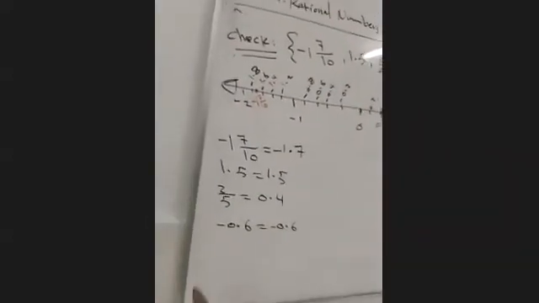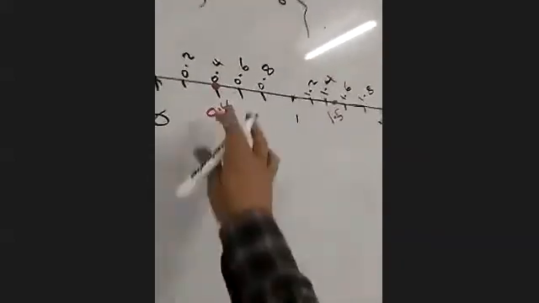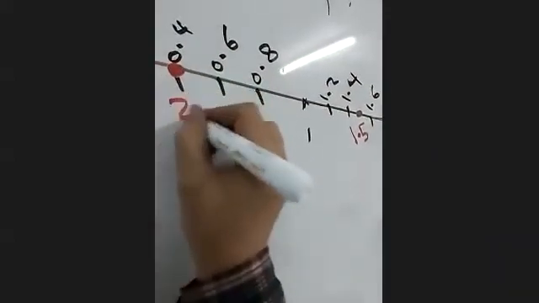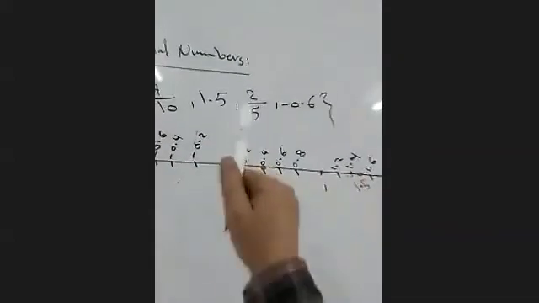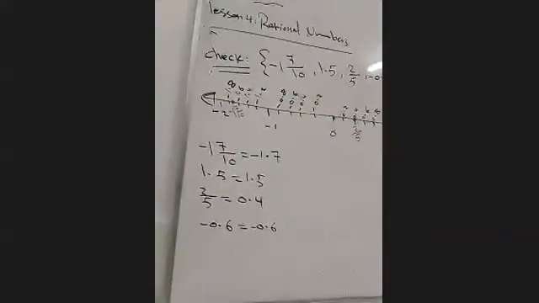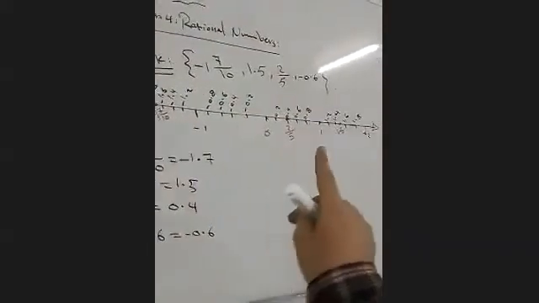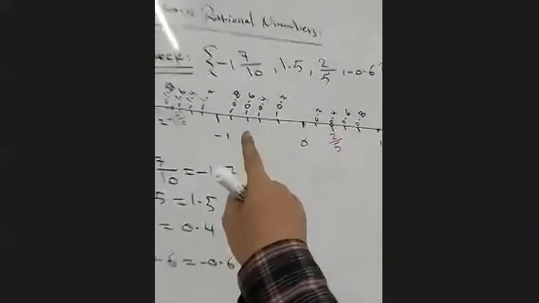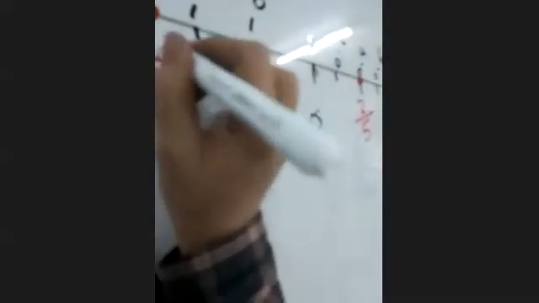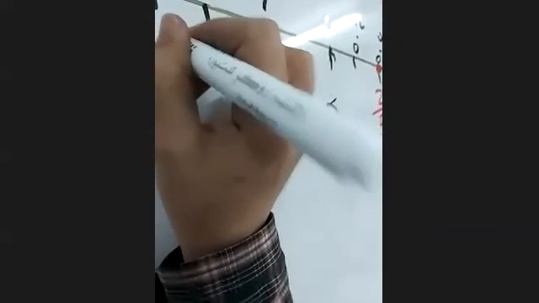Sorry, we write it 2/5, not 0.4. We write the original number, which is the fraction. Now here -0.6. We have -0.6. It's already here. This is how we represent. So do it in your book, guys. Do it in your book, please.